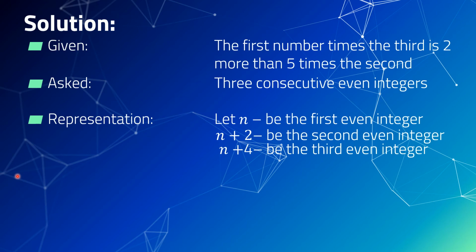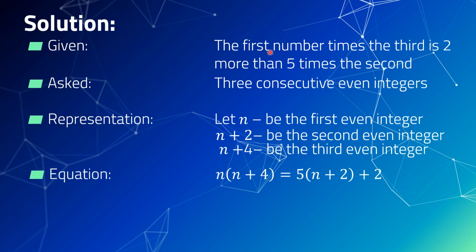Okay, so let's proceed with the equation. So we said that our first number is n times the third. Our third number is n plus 4. So the first number times the third is 2 more than 5 times the second integer.